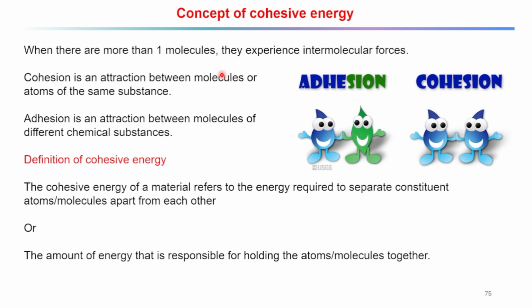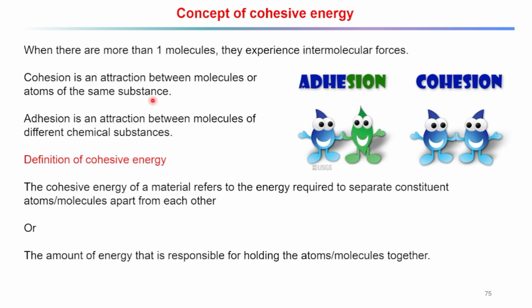Now when there are more than one molecules, they experience intermolecular forces. As we put more than one atom or molecule together, they will experience some intermolecular force. Either they will attract or they will repel each other. Now cohesion is an attraction between molecules or atoms of the same substance.